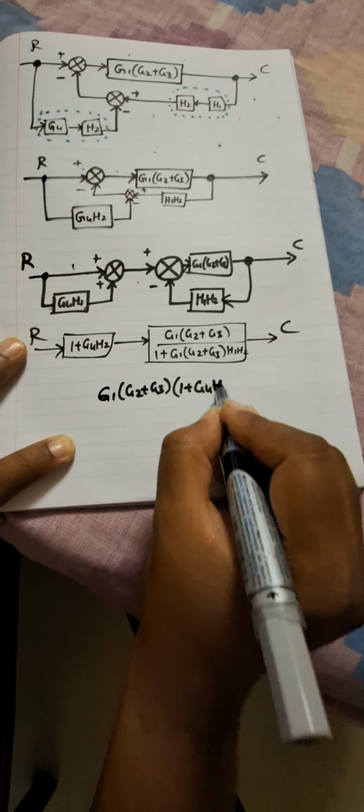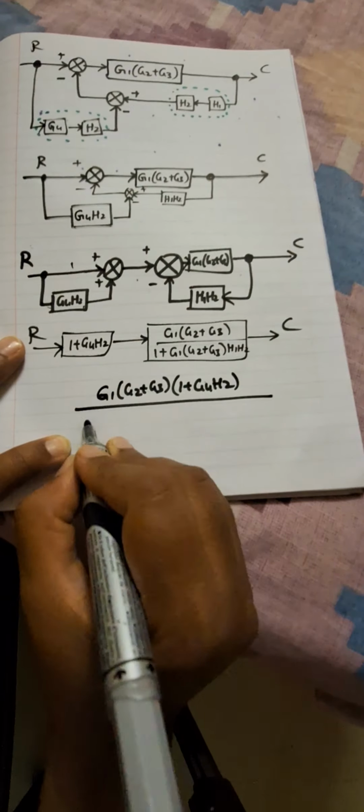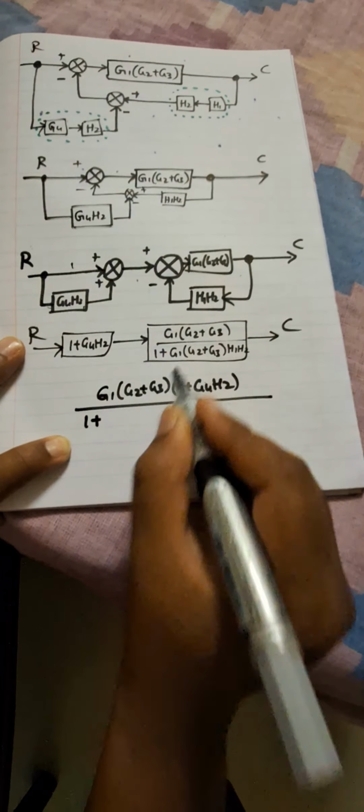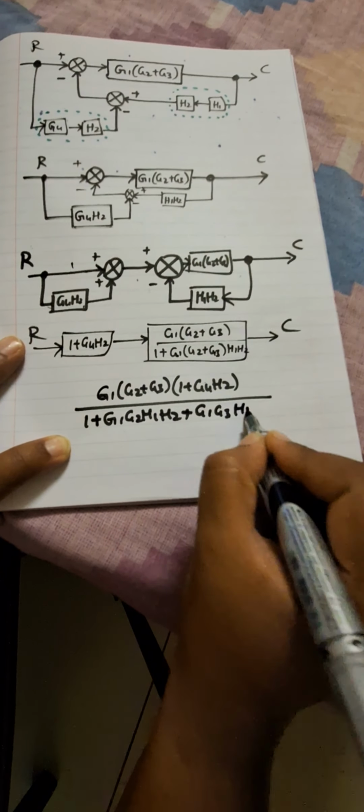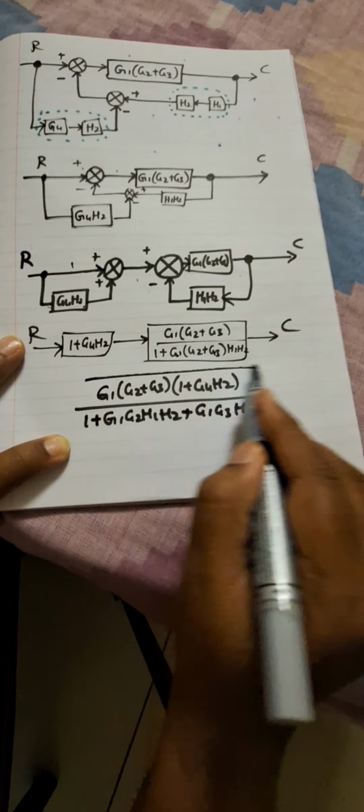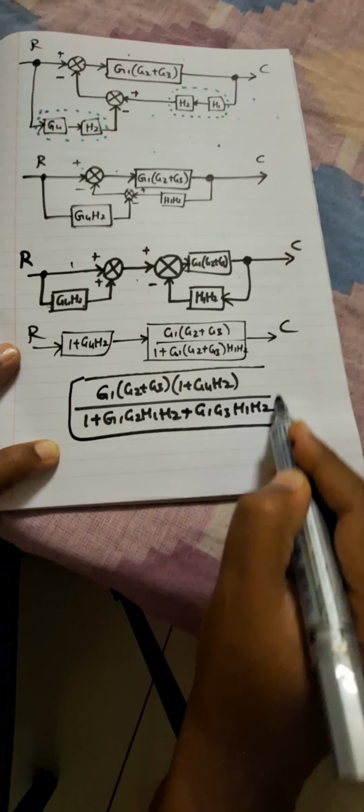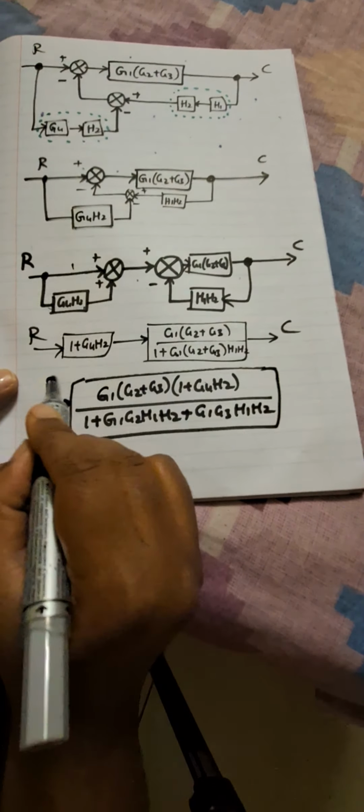So it will be G1 into G2 plus G3 into 1 plus G4H2, by 1 plus G1 into G2 into H1 H2, G1 G2 H1 H2, plus G1 into G3 into H1 H2, G1 G3 H1 H2. So this is my block. This is R, this is C.